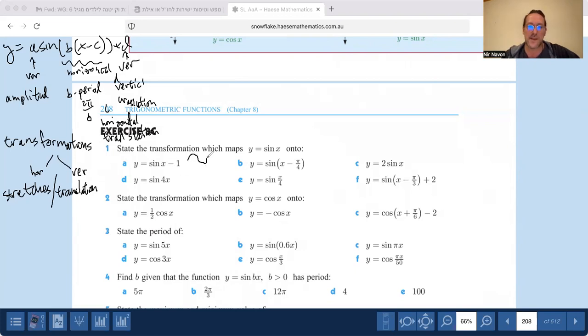So if this is sine x, we have the same, just one unit down. This is just let it down. So this is a vertical translation.